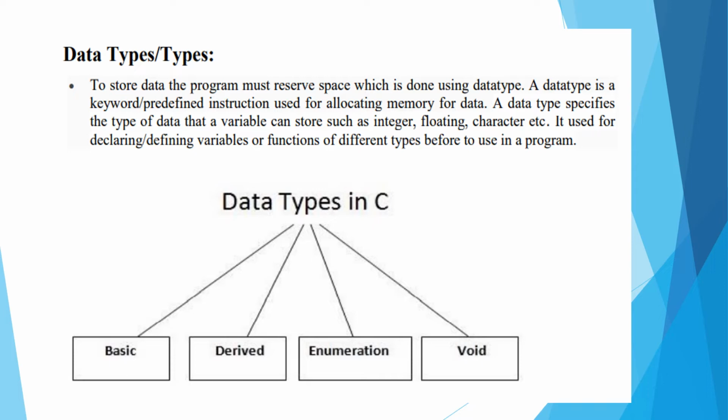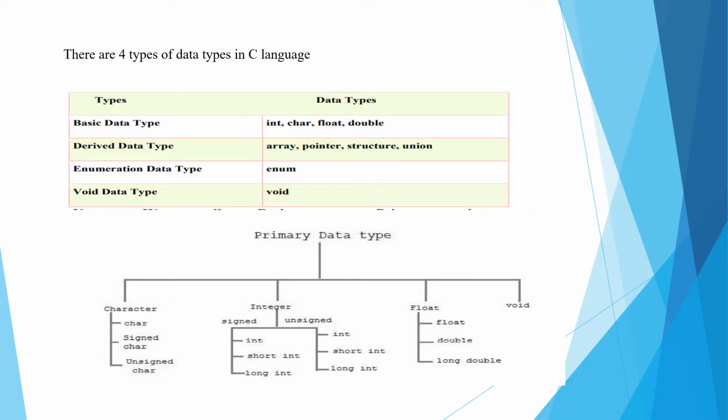A data type can be categorized into four different types: basic data types, derived data types, enumerated data types, which we can also call user-defined data types, and void. So there are four different types of data types in C programming.